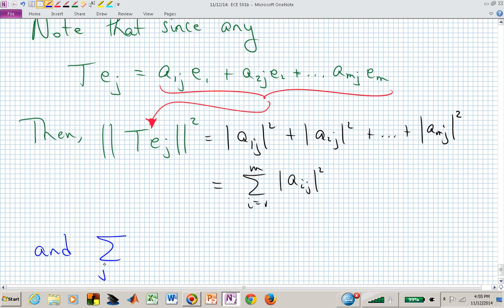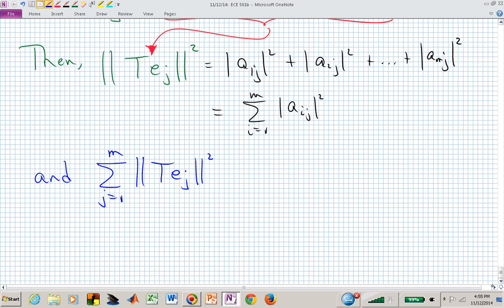Suppose now we looked at the sum from j equal 1 to m of ‖T e sub j‖ squared. Now we have a double summation on the right-hand side. We have a summation from j equal 1 to m, and a summation from i equal 1 to m of |a sub ij| quantity squared.